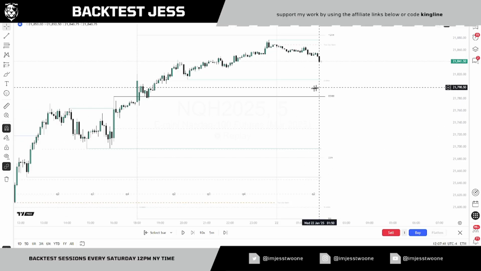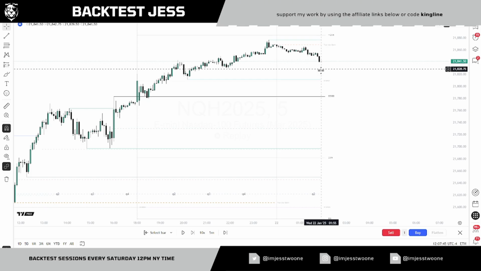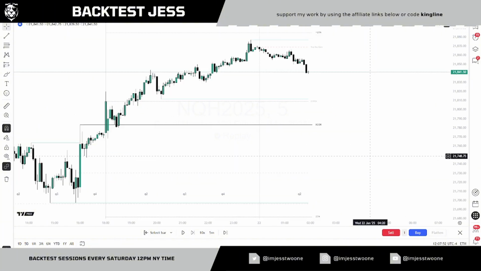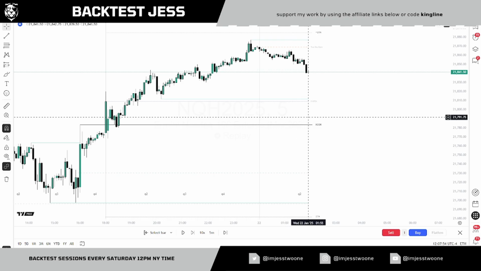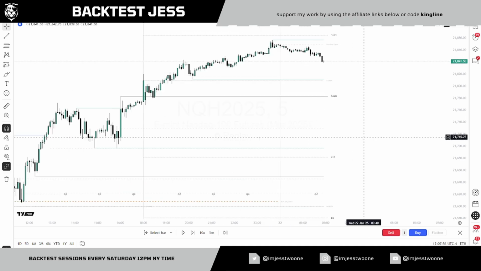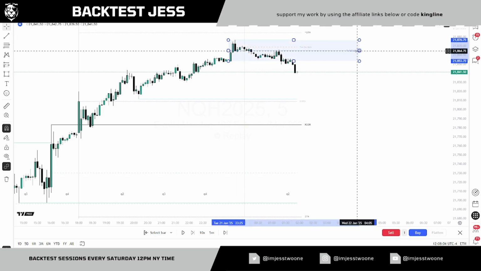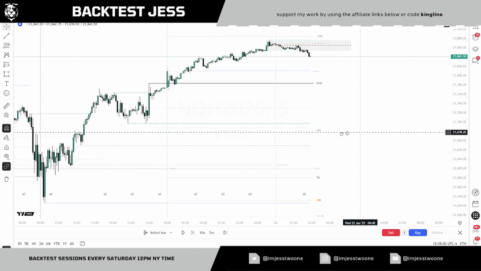I don't recall where we ended on January 22nd, but I remember that we ended that backtest session on January 22nd. So I just started at 2 a.m., assuming that we didn't go through London yet, and we'll see where that brings us. Although this does look familiar, I don't recall how far into this day we went, but we'll see.